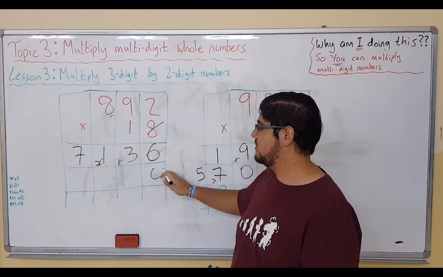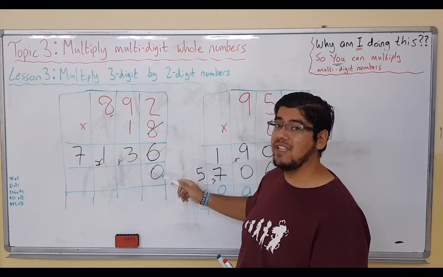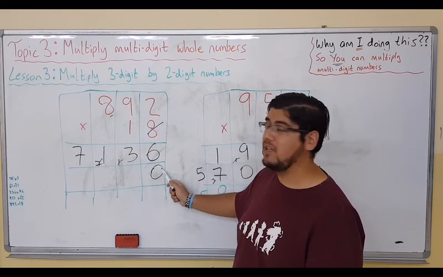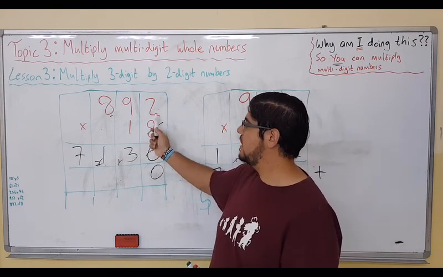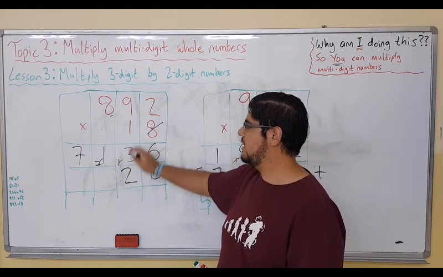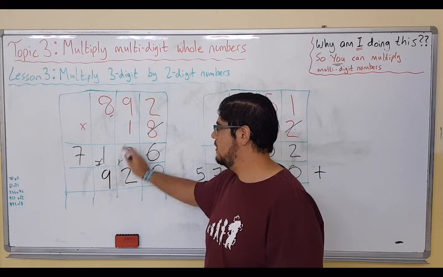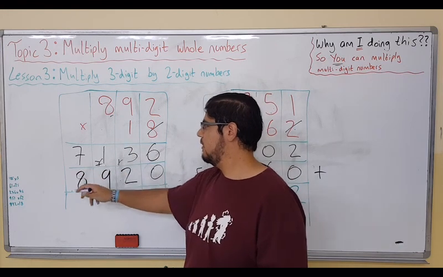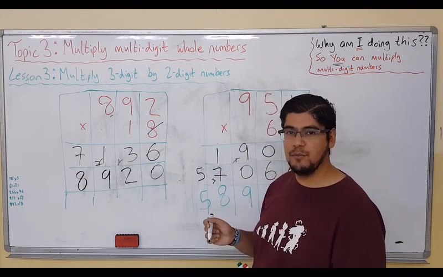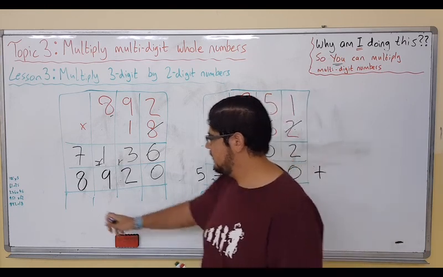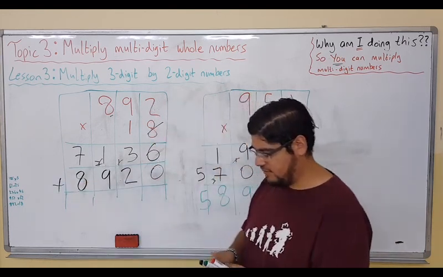Cross it out, plus the 0. This is the most important thing. Cross it out, put a 0. Okay? 1 times 2, 2. 1 times 9, 9. 1 times 8, 8. So beautiful when we have number ones. Just happens so fast. Right, add them together.